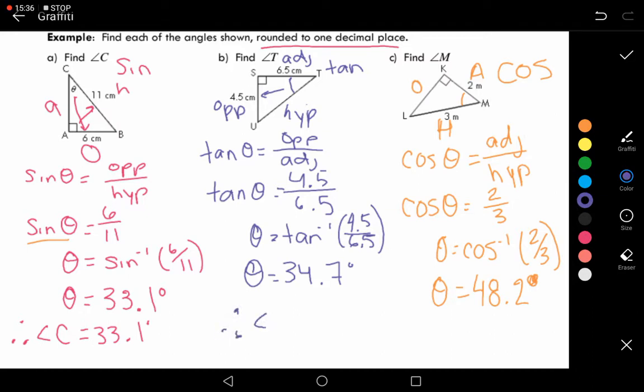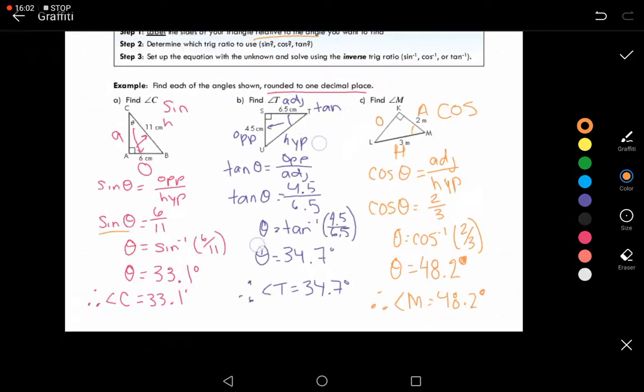Therefore, angle T equals 34.7 degrees. And lastly, therefore, whoops, that's not therefore. Therefore, angle M equals 48.2 degrees. Okay, again, just a good habit to get into to get all those communication marks.